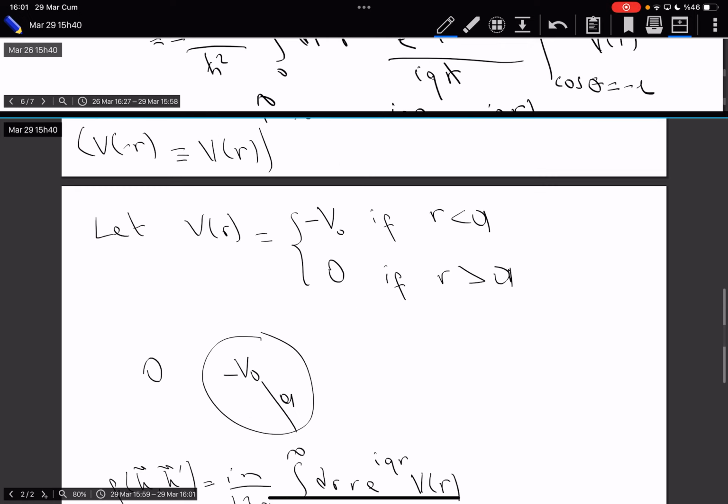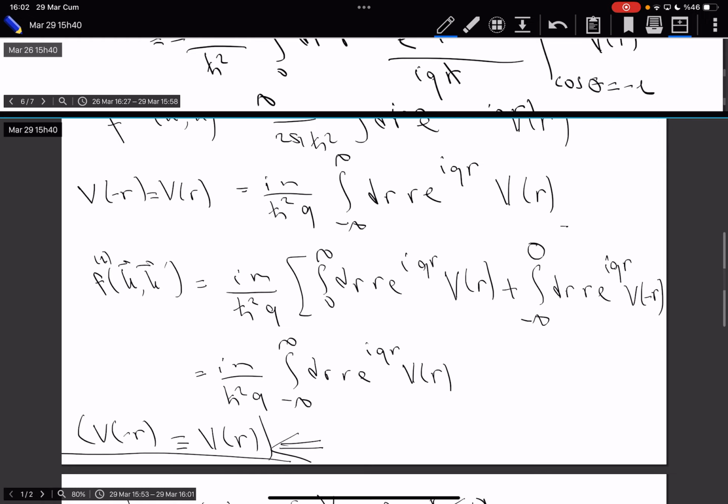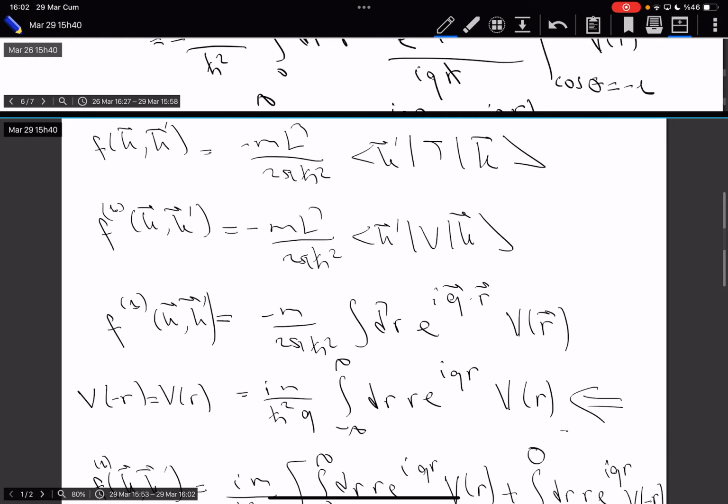Well, you see, this is my potential. But then I also generalize that integral to negative values of r, making this definition. You see, I have this integral. Well, you see, when r is negative, the potential is V of minus r. The minus radial is undefined.